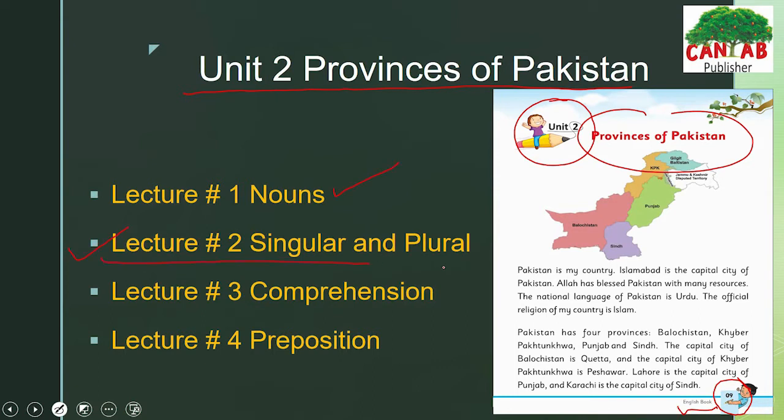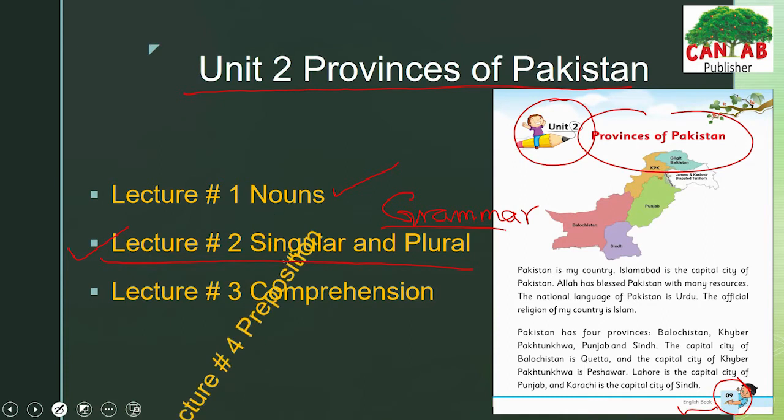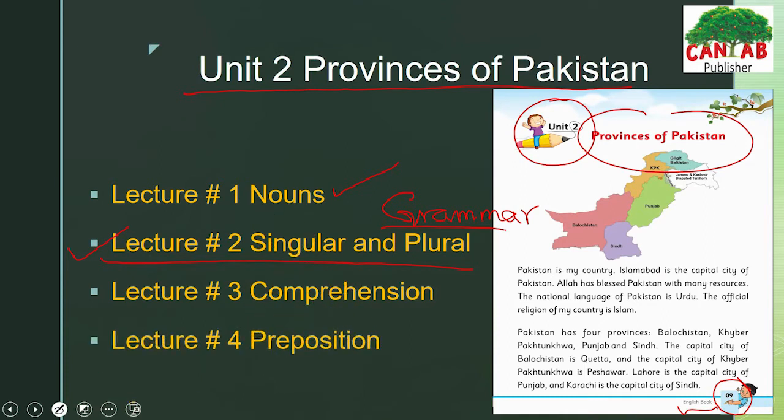So today we are going to practice singular and plural nouns, which is the grammar section in the book. Nouns is done. It's the turn for singular and plural today. Lecture 3 will be comprehension and lecture 4 will be prepositions. So let's move on to today's lesson.